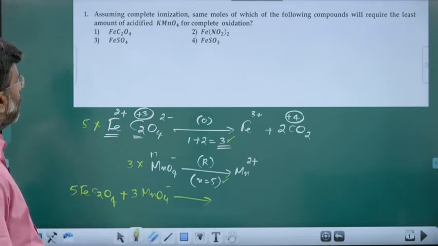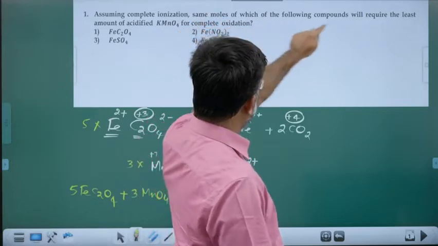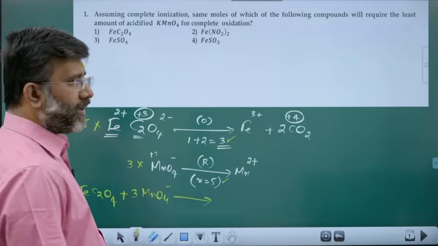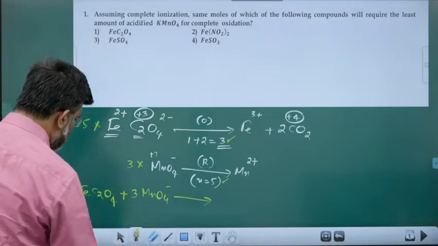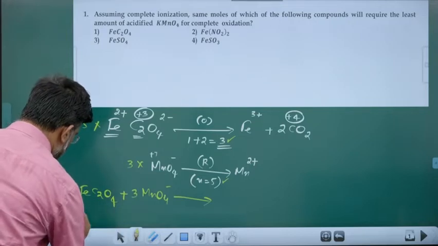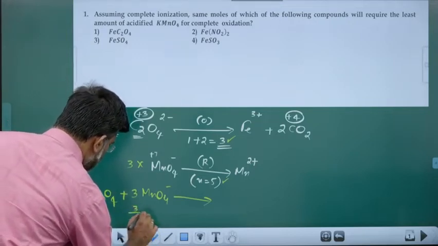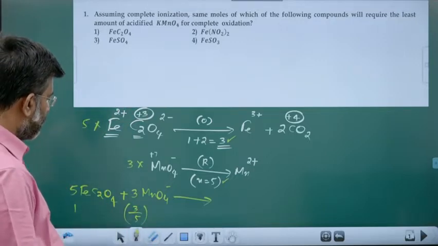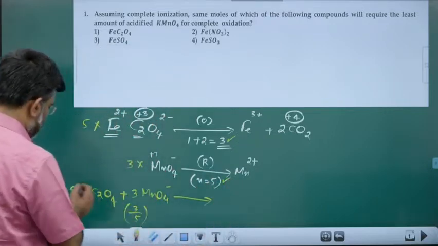Assuming complete ionization, same moles of which compound will require the least amount of acidified KMnO4. So you see, 5 moles require 3 moles. Therefore, 1 mole requires 3 by 5.